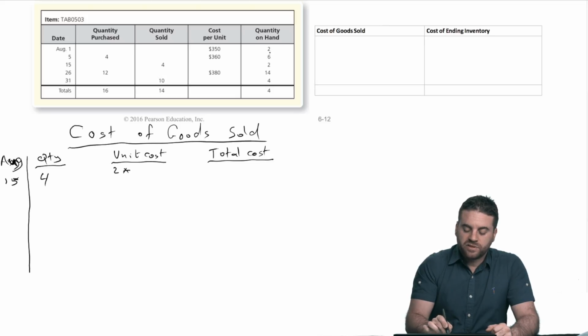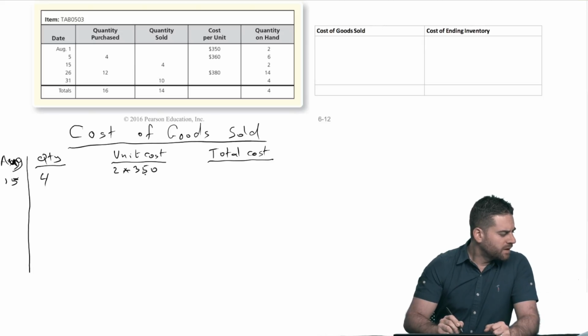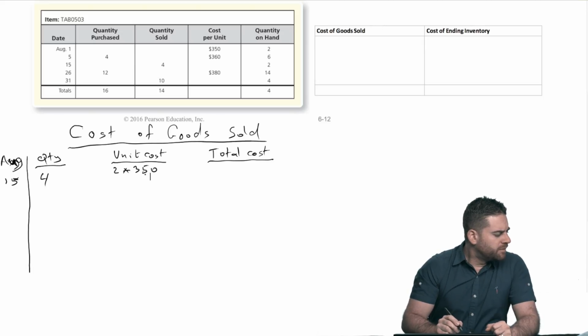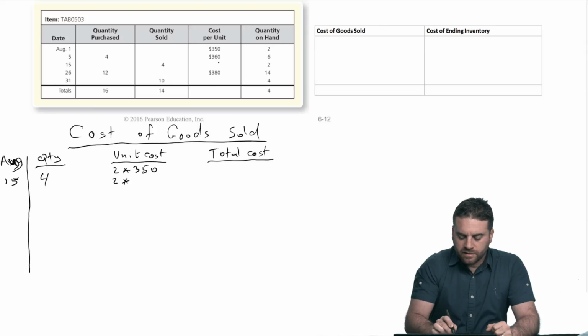Again, we're gonna start with the first 2 units we had on hand. Each one was 350, so I'm gonna multiply 2 by 350, and then 2 multiplied by 360, which is 2 of the units that we purchased on August 5th. Okay, remember, I'm going in order.